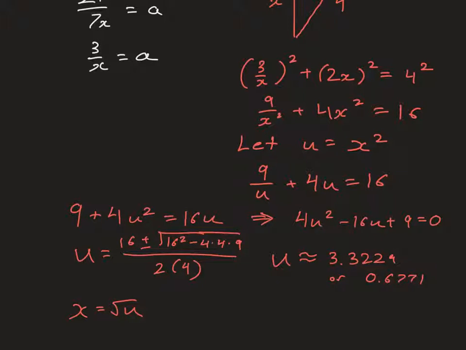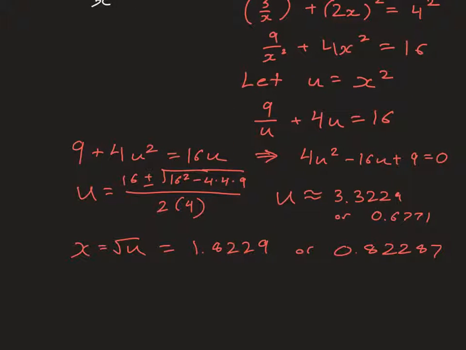And we're only looking at the positive square root since x can only be positive. And that gives us, okay, so now we have two values for x.